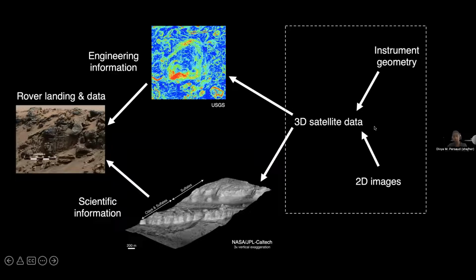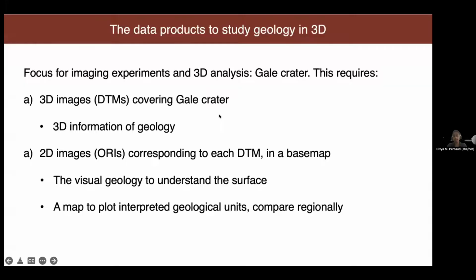So image processing is really important, even if you don't want to land a robot on another planet. If you want the scientific information, if you want to think about engineering in the future, those things are really important.